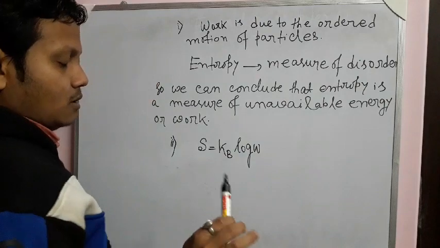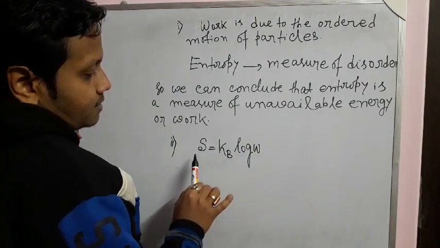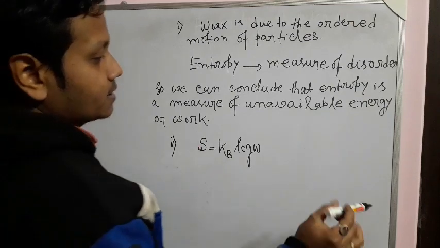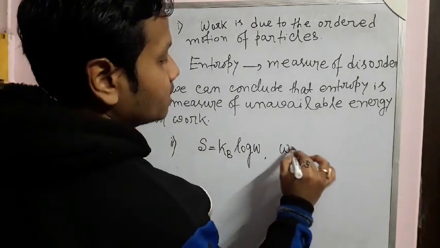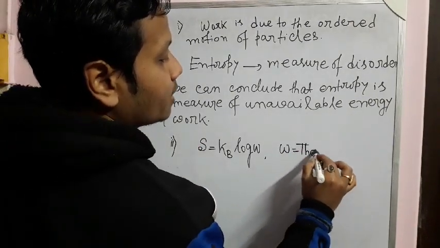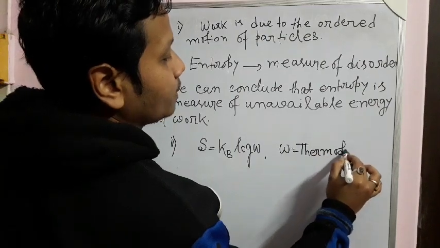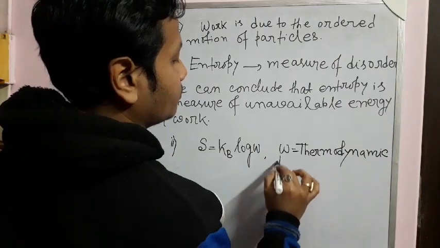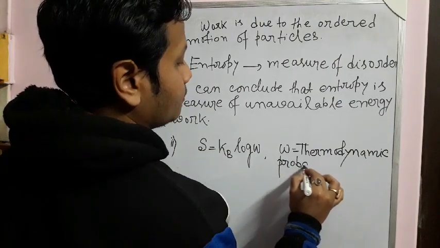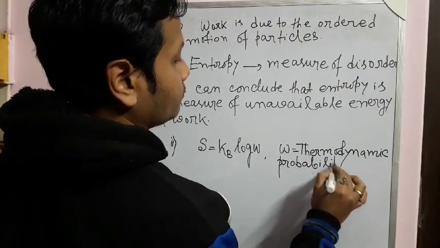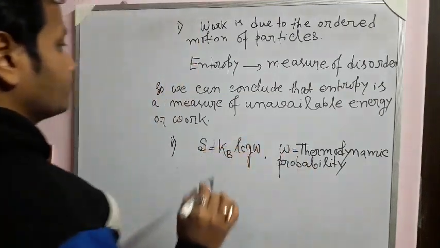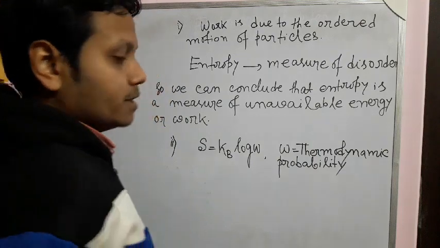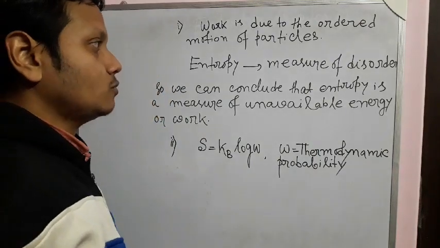But now you know that there is a connection between entropy and thermodynamic probability by this relation, where we have to mention that W is thermodynamic probability, not the mathematical. So these are two other important properties that I have to tell.